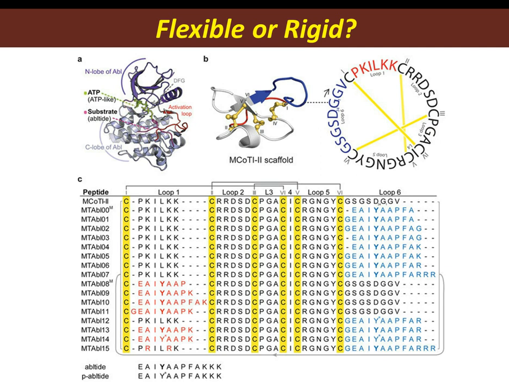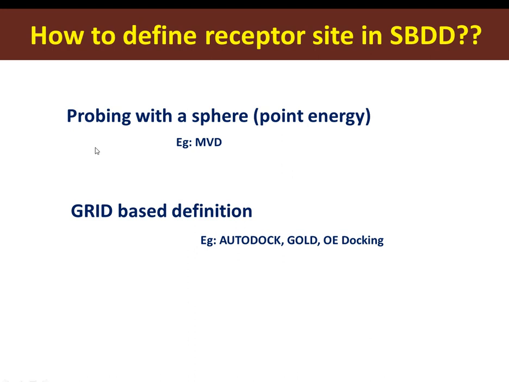Now let us see the different ways to probe identification and definition of a receptor. Basically, two types of methods are available. One is where the topography of the protein is analyzed with the help of a rigid sphere, or point energy, and this kind of methodology you can see in Molegro Virtual Docker. This is one example.